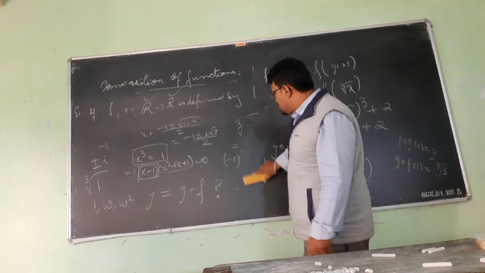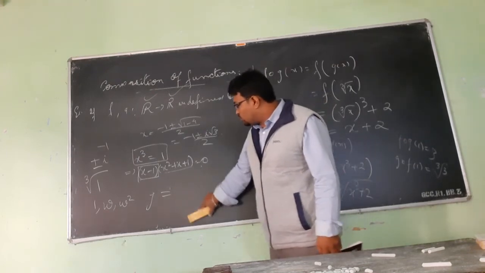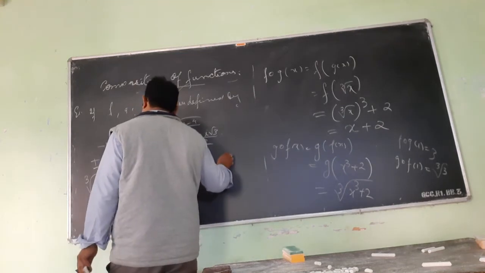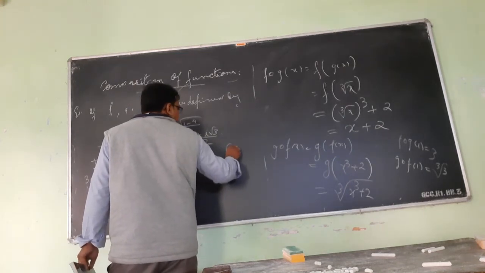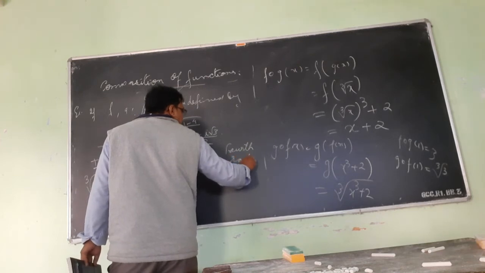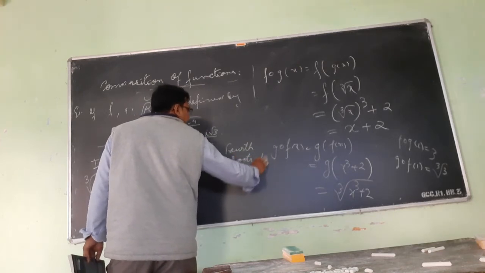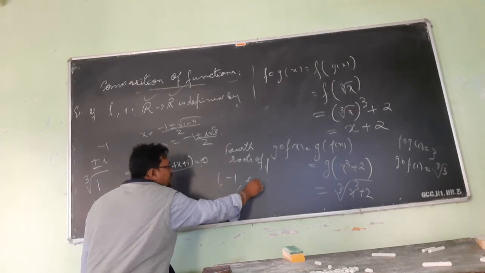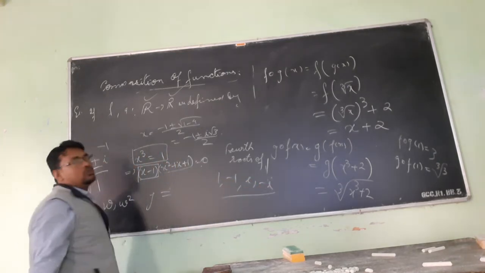Similarly, for the fourth root there are 4 roots. Suppose the fourth root of 1. What are the fourth roots of 1? They are 1, minus 1, i, minus i. So there are 4 fourth roots.